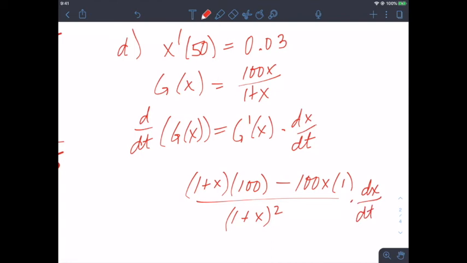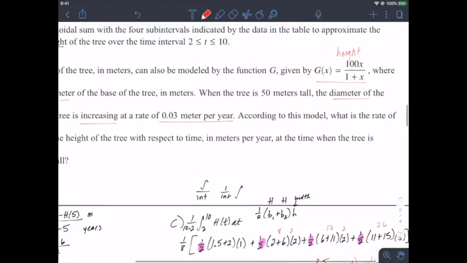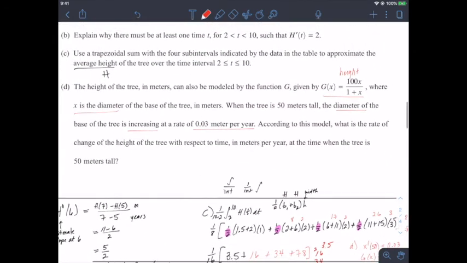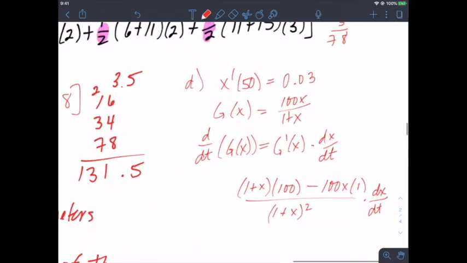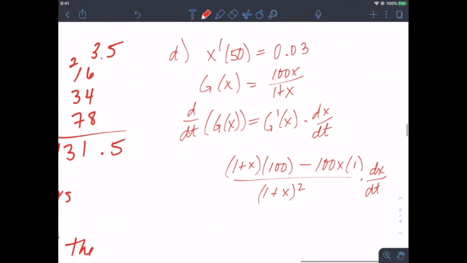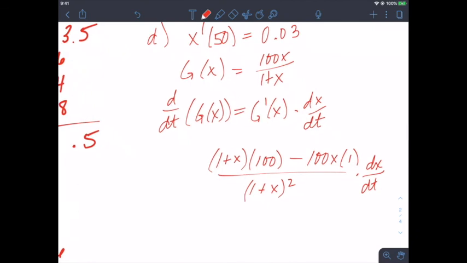Okay, so x is the diameter of the base of the tree in meters when the tree is 50 meters tall. That's also what I want to figure out at the end of this problem: what is the rate of change with respect to time when the tree is 50 meters tall? So I need to figure out the diameter to continue, because the x here represents the diameter, it doesn't represent the height.